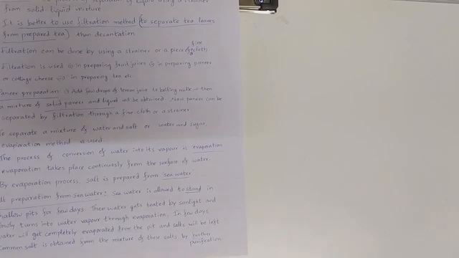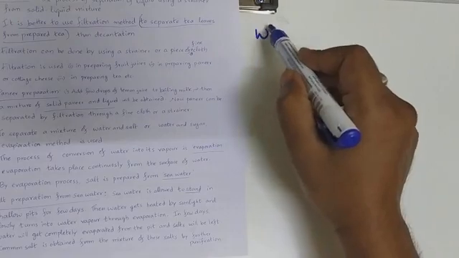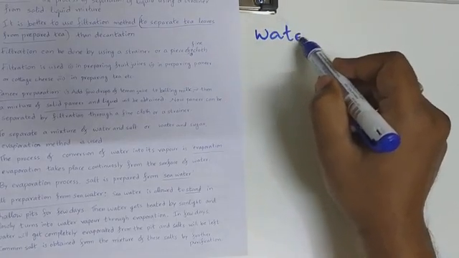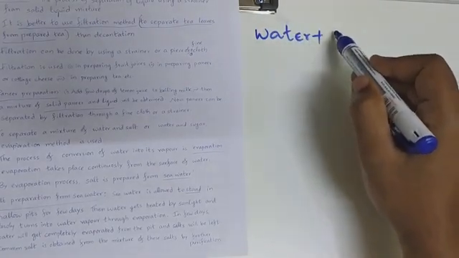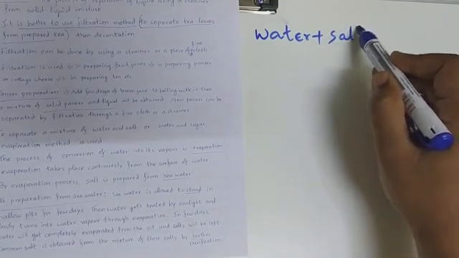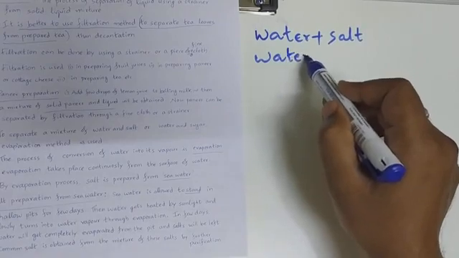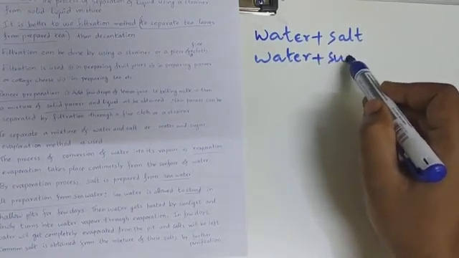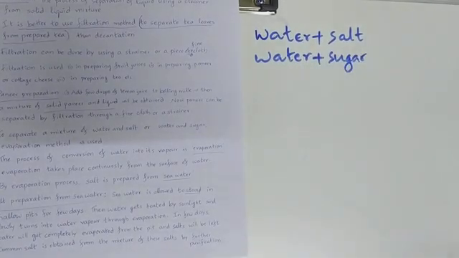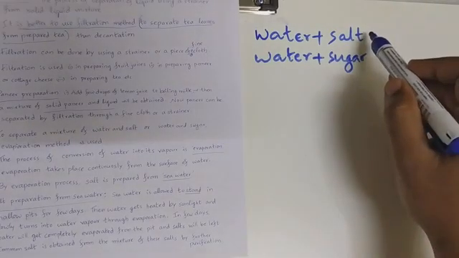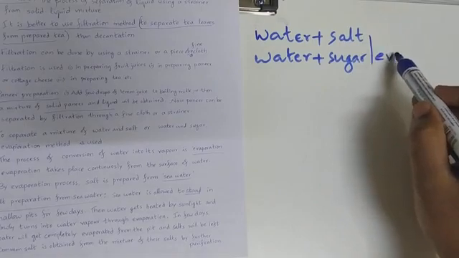To separate a mixture of water and its soluble substances, like salt, or water plus sugar, how do you separate them? By the evaporation method.